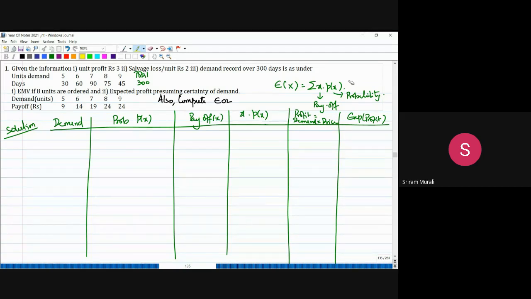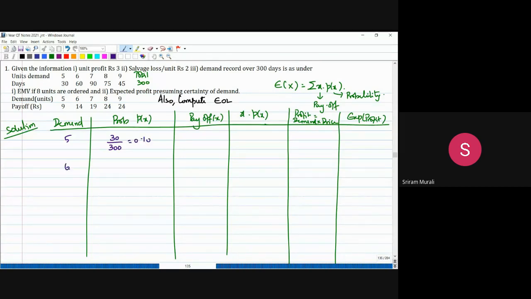So now, what is the first thing we want to find? Write down what is given. The demand is 5, 6, 7, 8, and then 9. What is the probability? For 300 days it is given. To get a demand of 5 in 300 days, what is the chance? 30, that is 0.10.